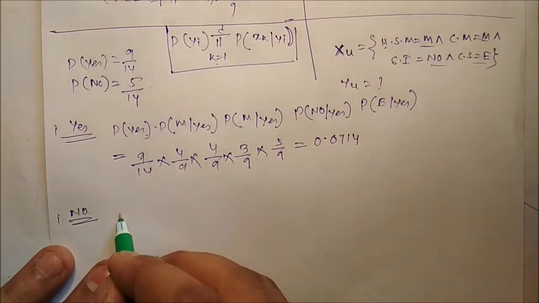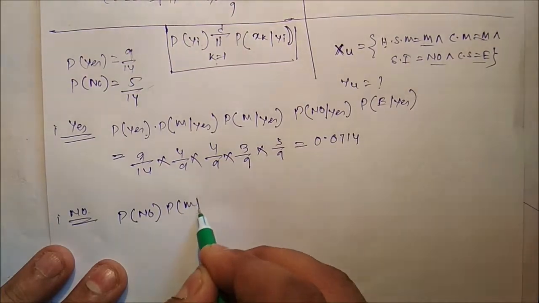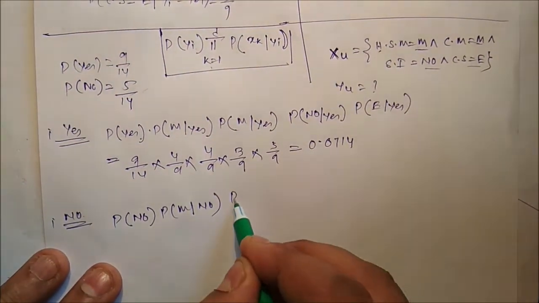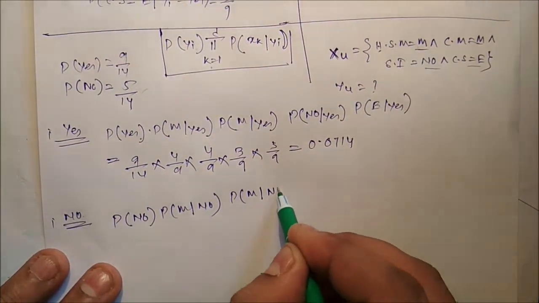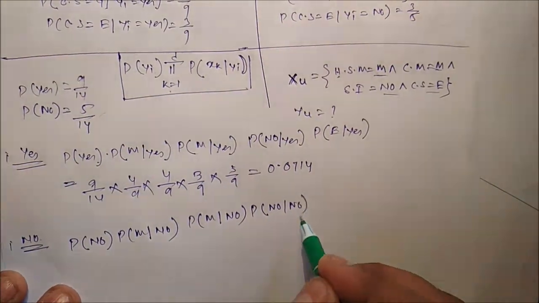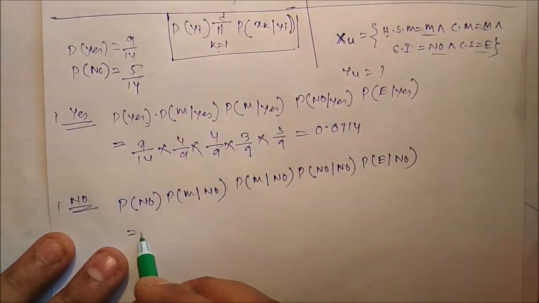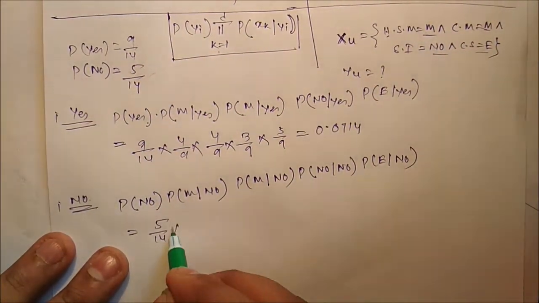Next we will talk about the no class level. So probability of medium if the class level is no, probability of medium if the class level is no, probability of no if the class level is no, probability of excellent if the class level is no. Probability of no is 5 by 14.